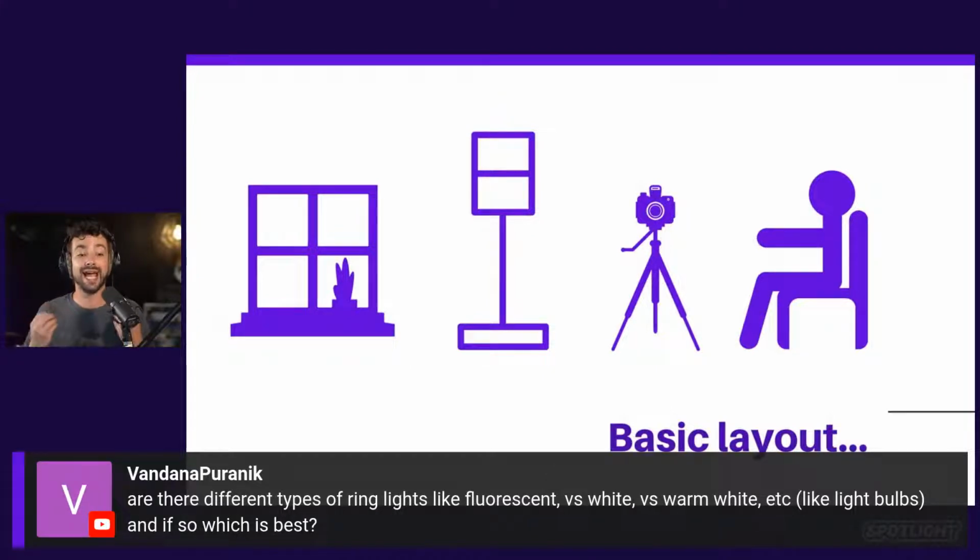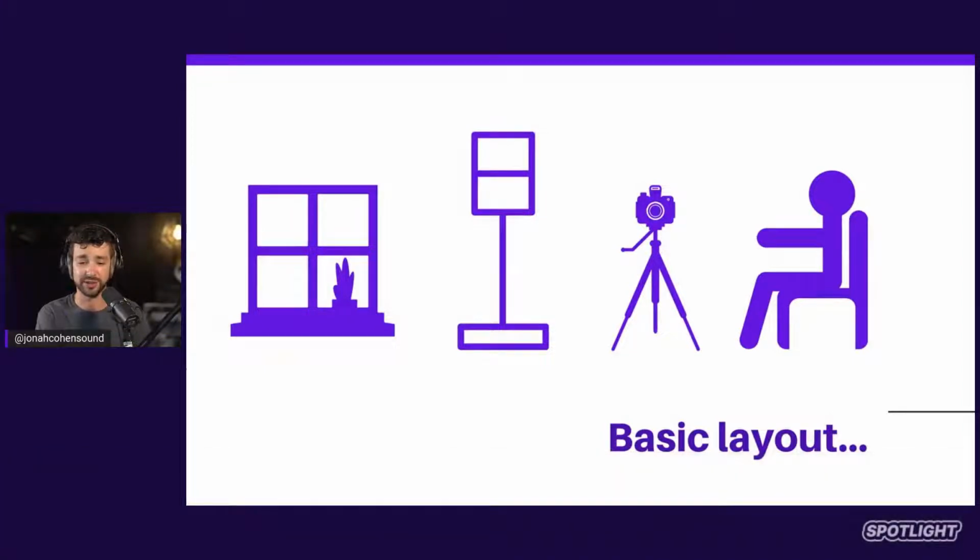As far as the actual quality that comes out of the light, warm versus cold, most of the nicer ring lights are going to have the ability to change the white balance. So they'll have warm and cold LEDs, and you can blend them till you get just the right white balance, so you don't look too pale or like you have a ridiculous spray-on tan. Hopefully that answers your question, Bandana. If you have any more questions, keep them coming.